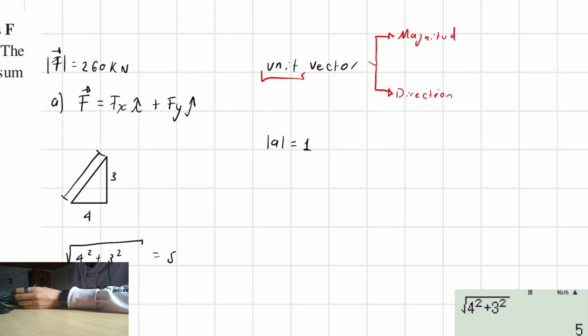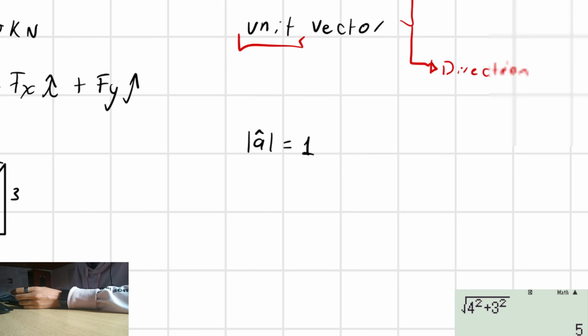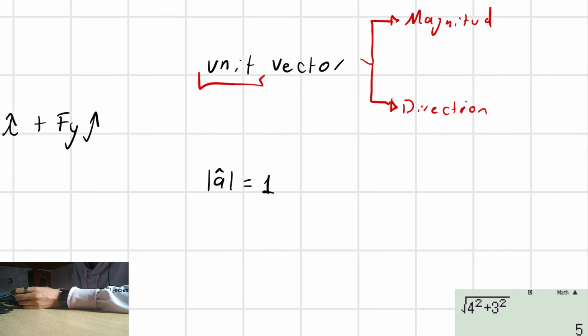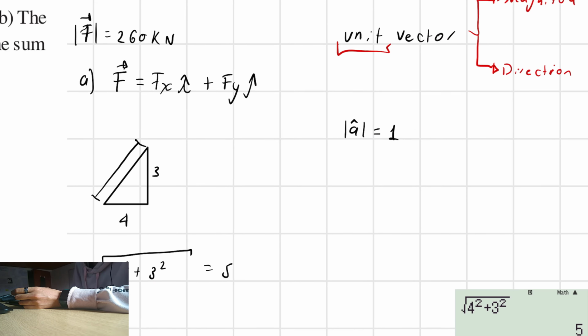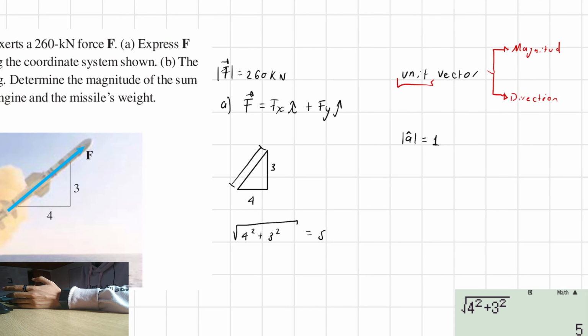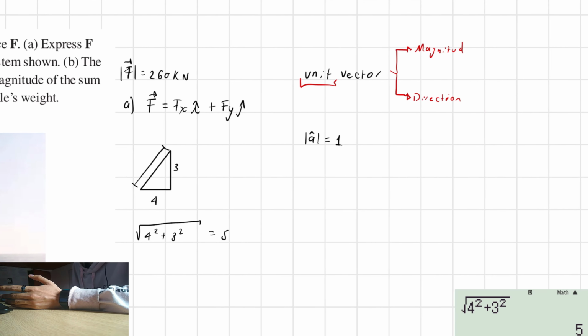It is always 1. A unit vector is always represented by a little hat above the letter of the vector, right? As you can see right there. Now, I don't really care about the magnitude because I already know that it is equal to 1. I just care about the direction. A unit vector is used for me to transform all kinds of vectors pointing towards other directions, because I can play only with that, right?